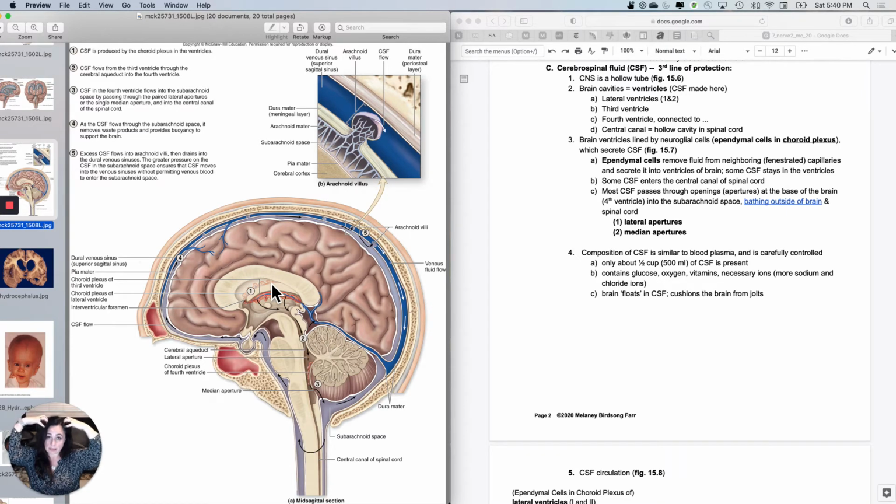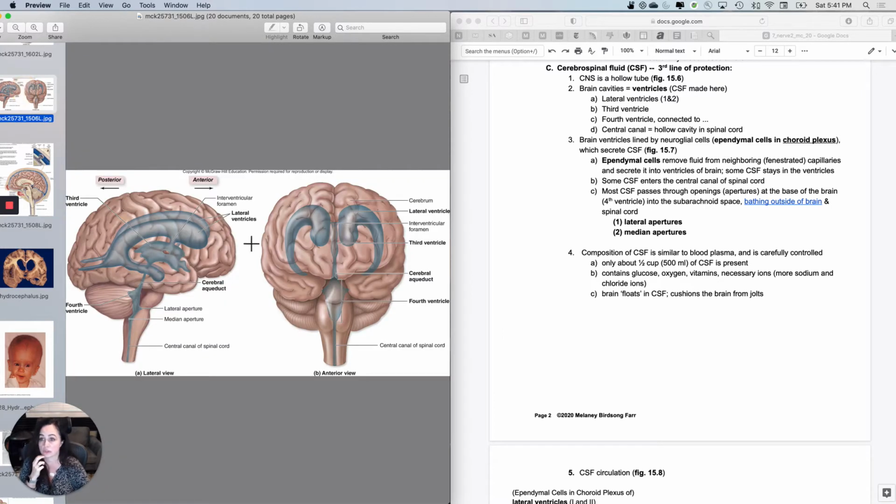But in order for that stuff to get out of the brain, it's going to have to go into 3, okay? This is ventricle number 3. Do you see the chicken head? Now the tissue is not called the ventricle, it's the space that's called the ventricle. So this chicken head corresponds to this chicken head, okay?